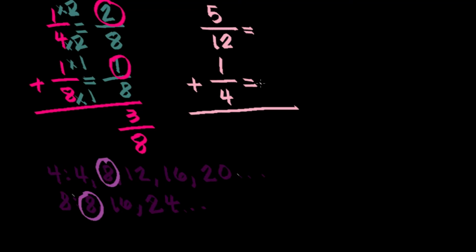The first fraction we have a 12, in the second fraction we have 4. So we need to find common denominators. To do so, I will find the multiples of 12 and the multiples of 4. We actually have worked with the multiples of 4 down here, so it won't be necessary for me to do it again.